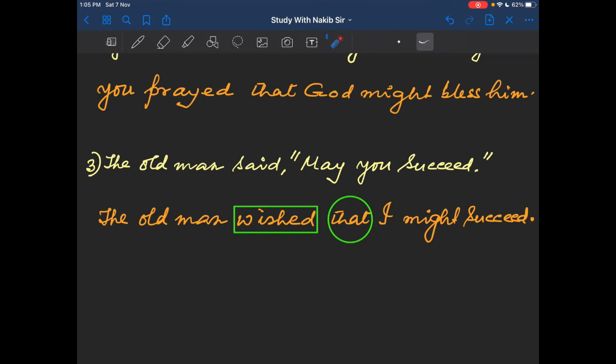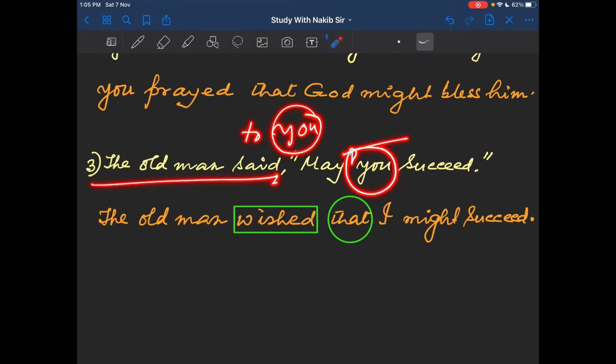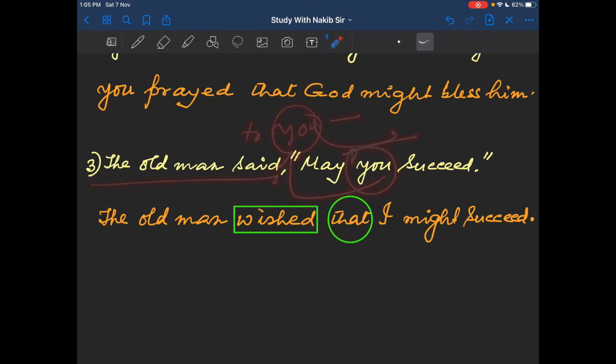In this context, I'll tell you, if you think that the old man said this to you, then change the second person pronoun according to the number and person of the same object. In that case, it will be "you."